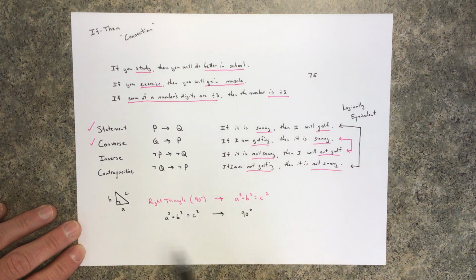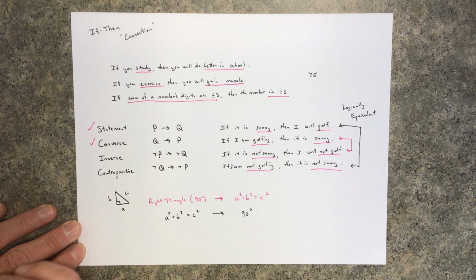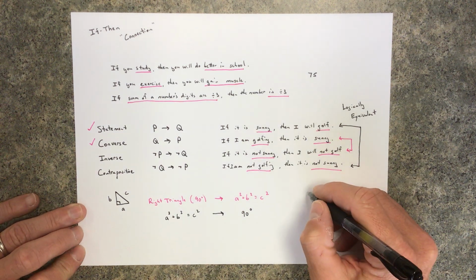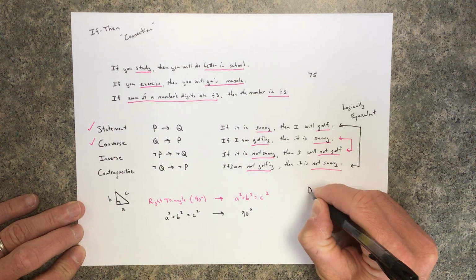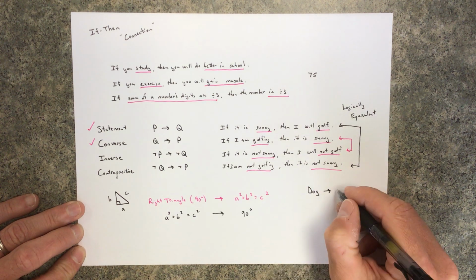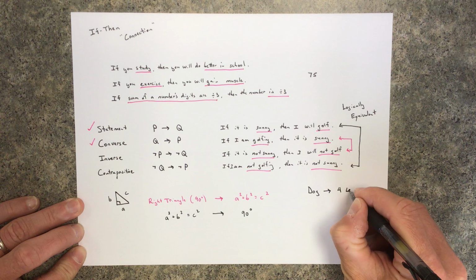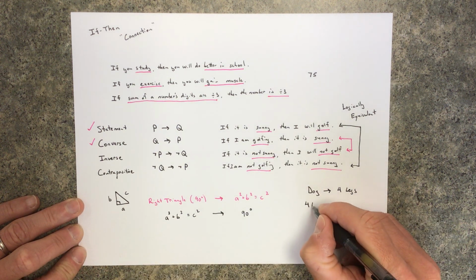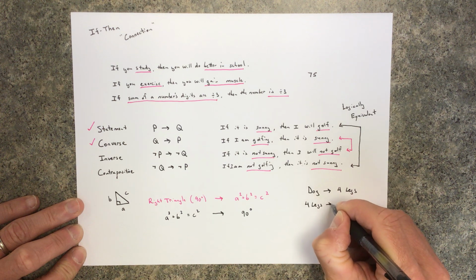Okay, let's do maybe one more thing to discuss logical equivalence. Let's say I say dogs. If you're a dog, then you have 4 legs, right? The converse would be if you have 4 legs, then you're a dog.